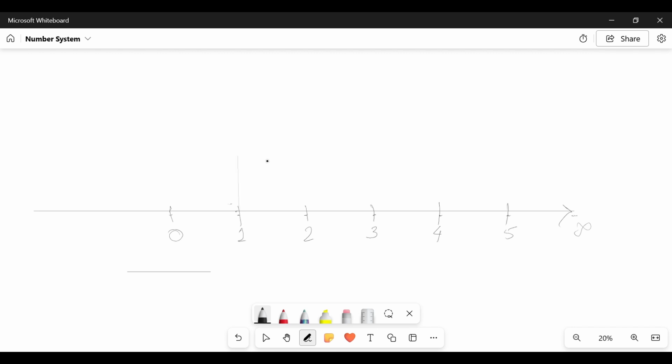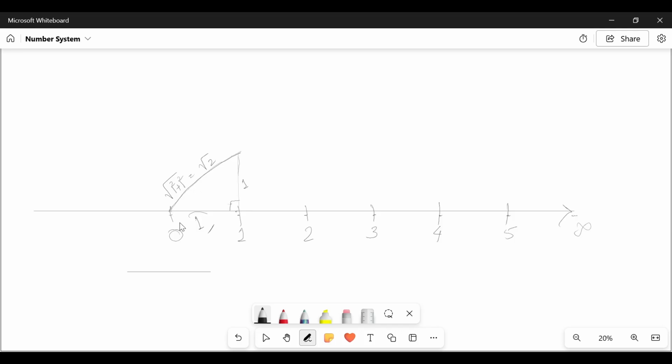I'm trying to plot a right angle over here, and if we draw a hypotenuse with these two lines having length of 1 unit each, as per Pythagoras theorem, obviously the hypotenuse would be the sum of squares of these two numbers. So what we have is square root of 1 square plus 1 square, which is equal to square root of 2.